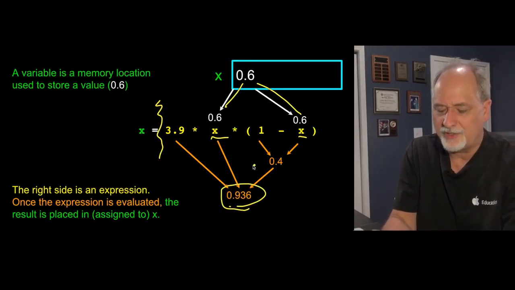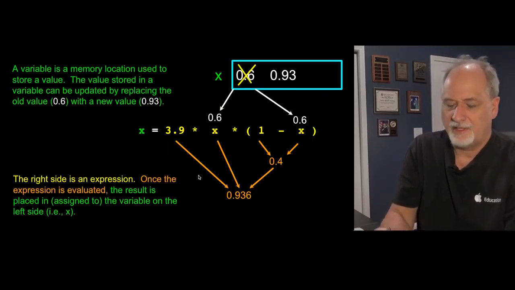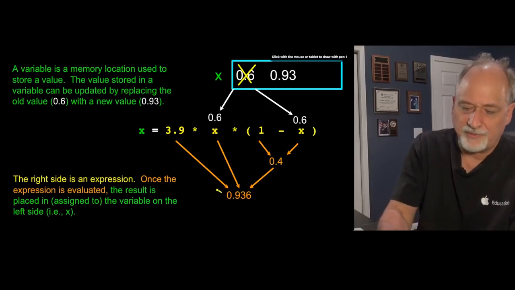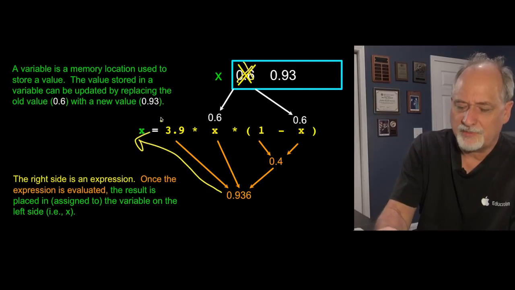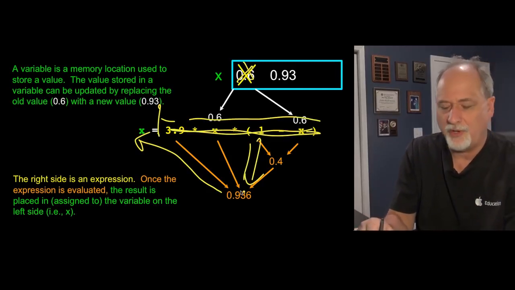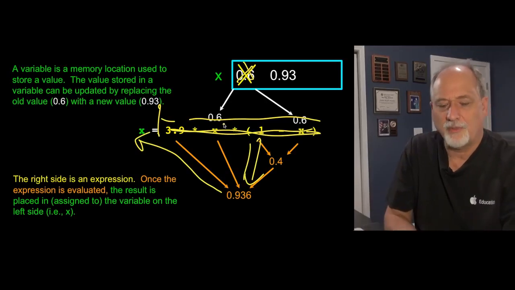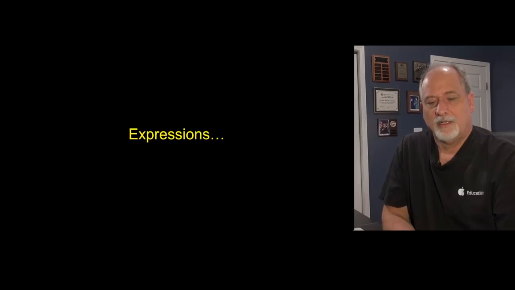After all the calculations are done, then and only then is it going to put that back into x. And so it takes that and puts it back into x and then wipes out the old value. At this point, this has all been reduced down to this 0.93, and so that is what's put in as the new value. So up next, we'll talk a little bit more about making more complex expressions.